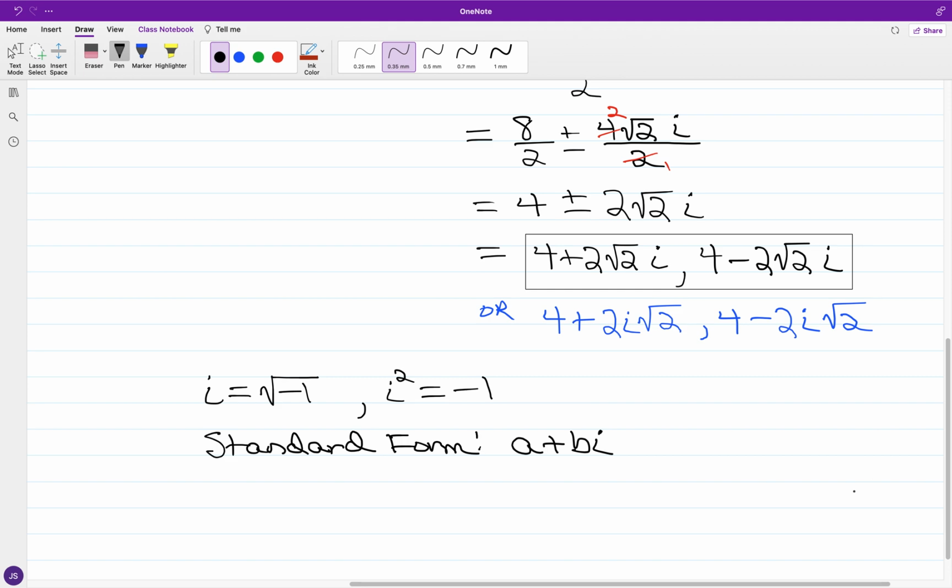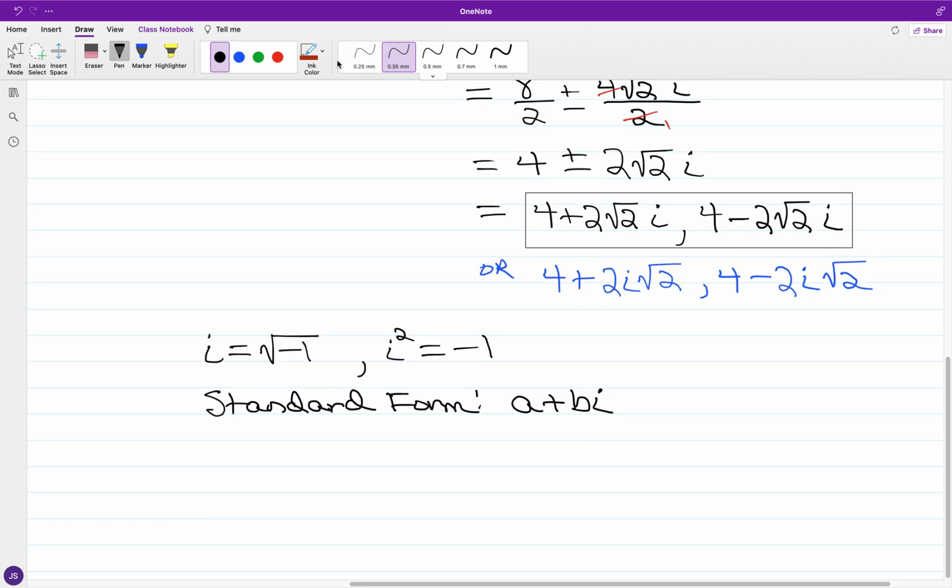Now just some words here regarding operations. These are some of the heuristics of working with complex numbers.